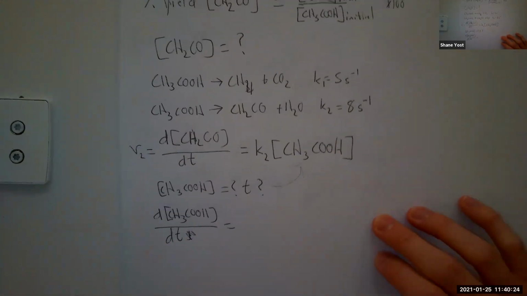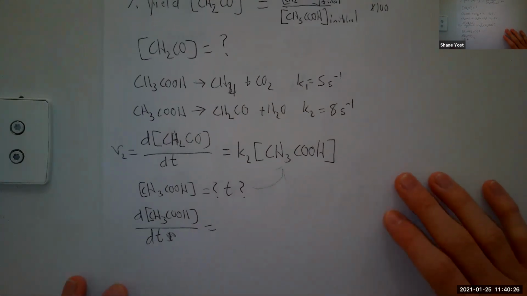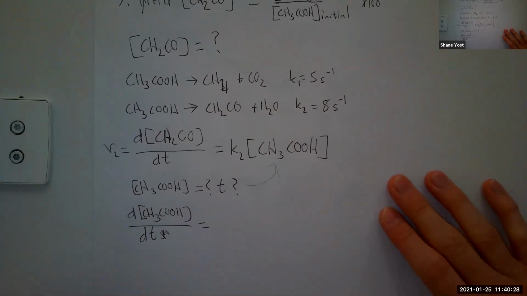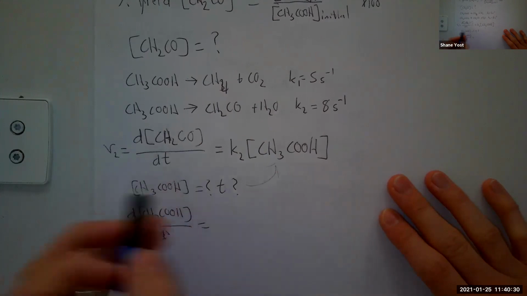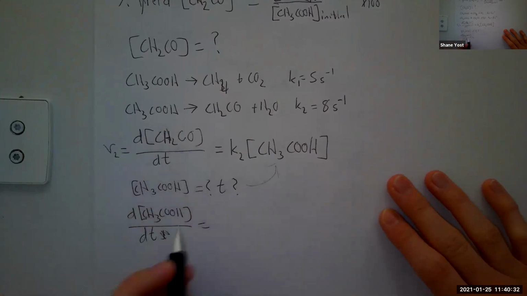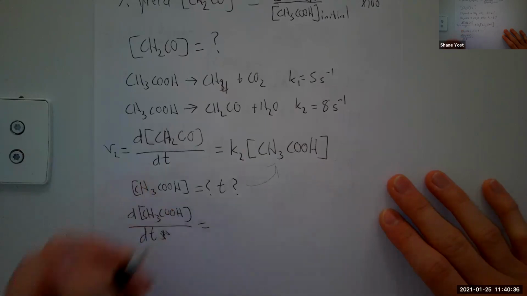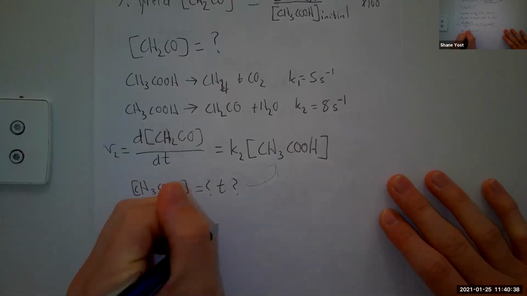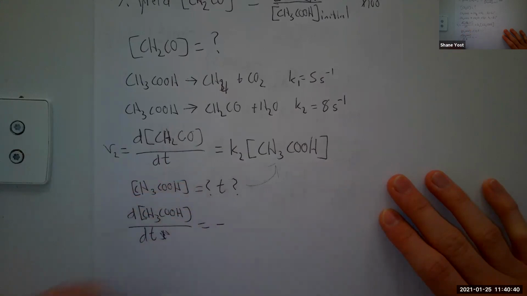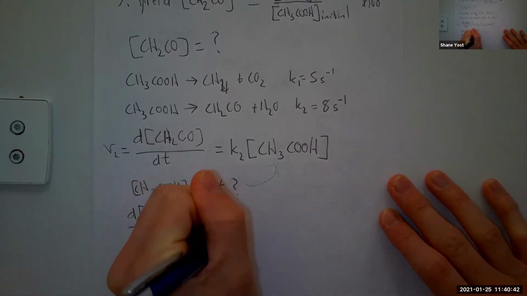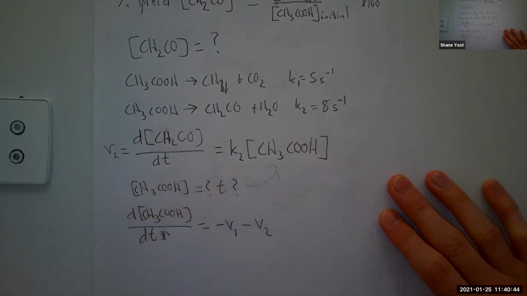Now, I'll try to zoom out just a little bit so you can still see most of this. As I did from here before, the rate of change of CH3COOH as a function of time is just minus V1 minus V2. It's the rate of reaction 1 minus the rate of reaction 2.